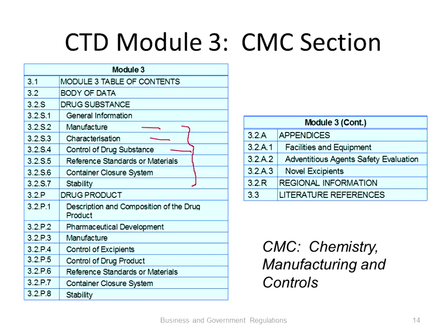So when you see a list like this, you should know that this is part of the CMC section. You can generally recognize manufacturer, stability, container closure system, reference standards or materials. These are all common parts of the CMC section.